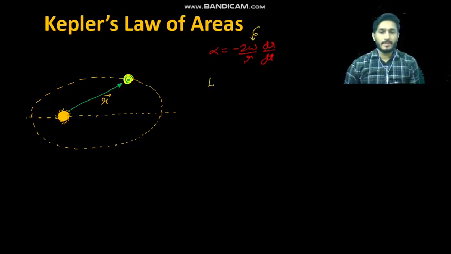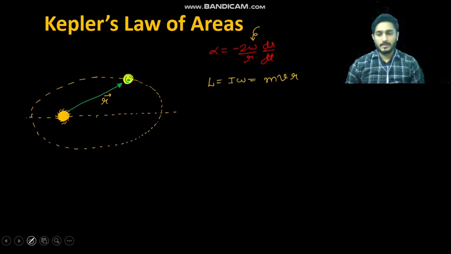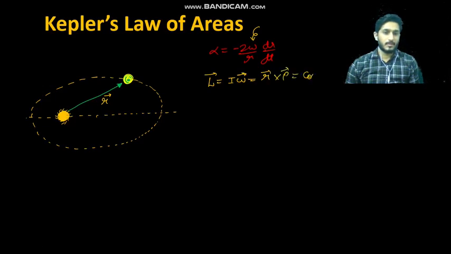As we have written that angular momentum L, which is I omega or mvr, just a minute, there is mr cross v, or r cross p. This r cross p is a constant.